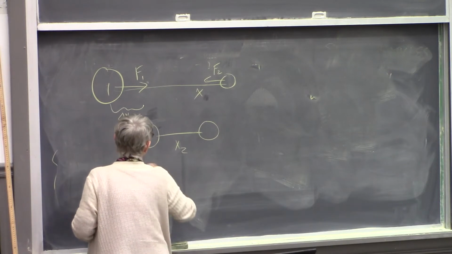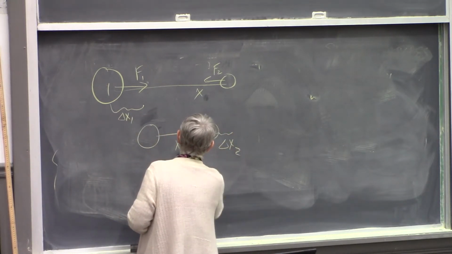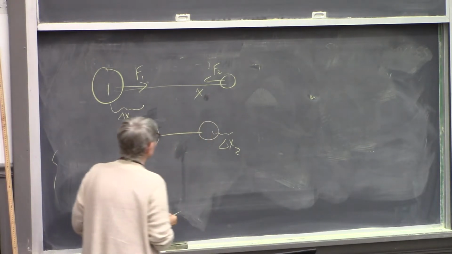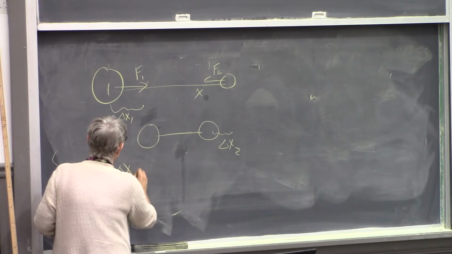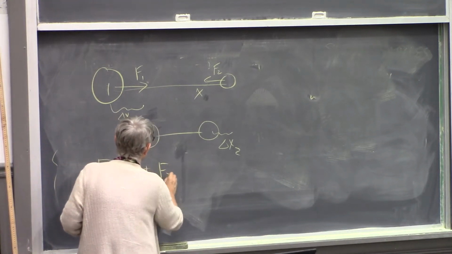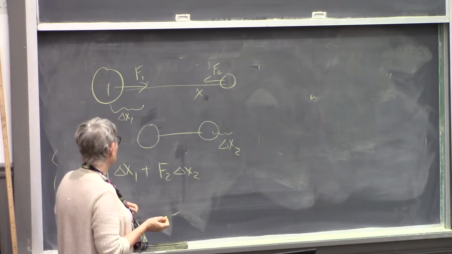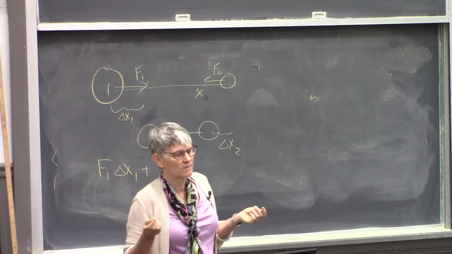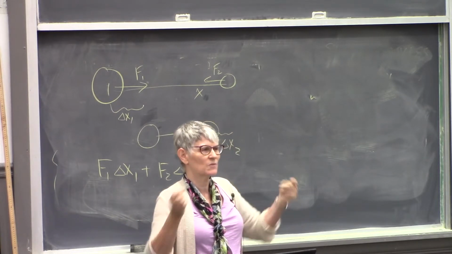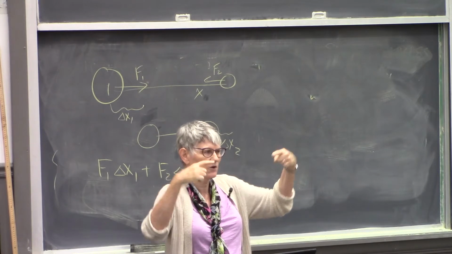Here's delta x1, the distance that one moved, and here's delta x2, the distance the other moved. So it's F1 delta x1 plus F2 delta x2. But F1 and F2 are equal to each other because this is a gravitational force, so the magnitudes are equal.